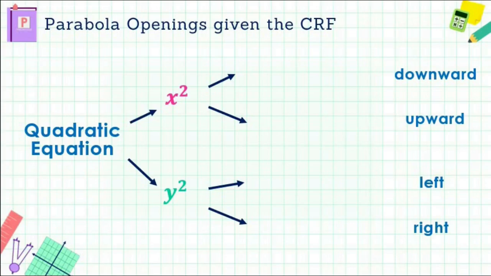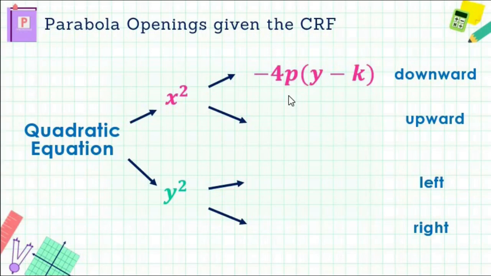Now you may ask, how will you determine whether the opening is downward or upward or left or right? You need to consider the sign of 4p. So if it is a parabola that opens downward, 4p should be negative.